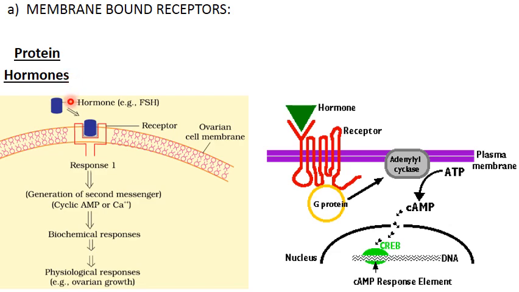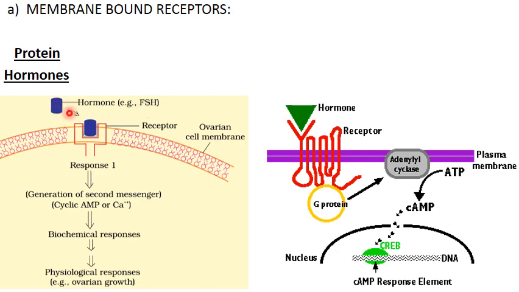And here they have shown you an example. This is the cell membrane. किसका दिखाया है? Ovarian cell membrane का. So this is the phospholipid bilayer here, and in this, within the cell membrane, you have the receptor present. So this hormone, for example, they have given FSH, that is follicular stimulating hormone.